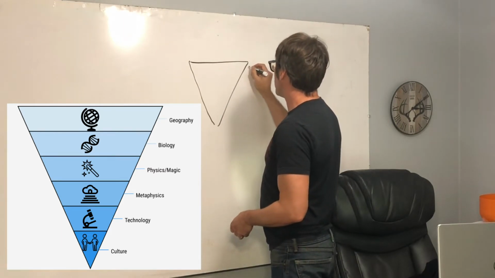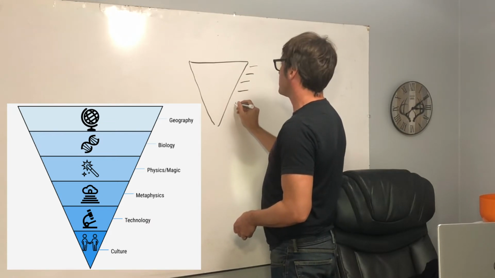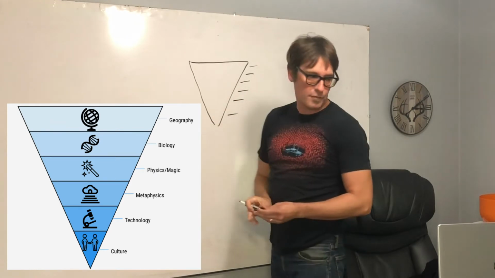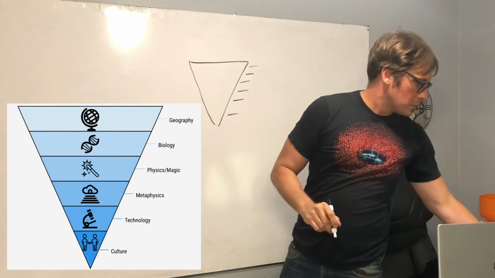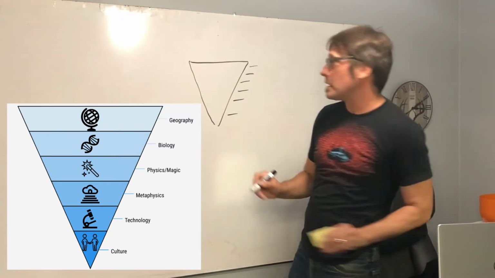Alright, so I've mentioned before how there's a kind of triangle of fantasy conceits, which are changes you make to the world: geography, biology, physics, metaphysics, technology, and finally culture. That means that the ones at the top have the biggest effect on the world, which would be geography. So I'm going to put these into order. Let me see. Dragons is going to be biological.